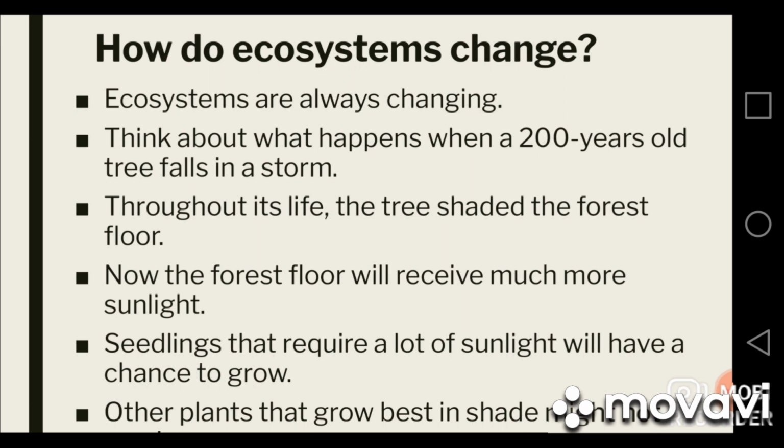It means those plants which could not get the sunlight due to that shady tree will now get sunlight and they can grow more properly. Other plants that grow best in shade might not be able to survive now. Because the tree was shading the forest floor, and sometimes the plants do not need that much sunlight to grow. So the plants which are receiving so much sunlight now will not be able to survive.